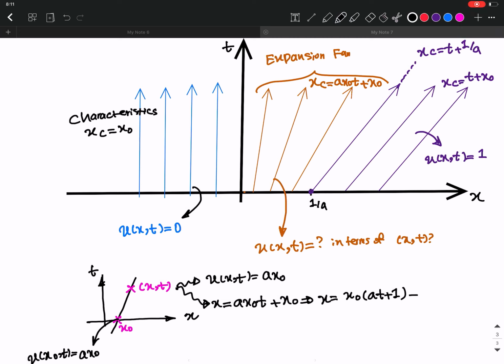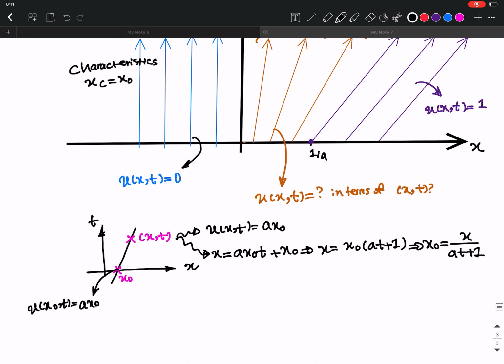So x0 is x over (at plus 1). Now I just substitute this here, and what I get is u(x,t) equals a x0 equals a x over (at plus 1). So I found the solution here.